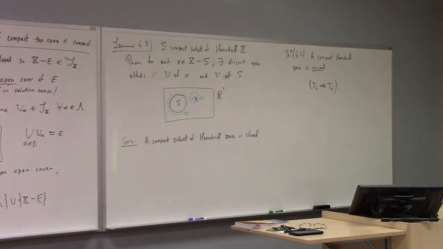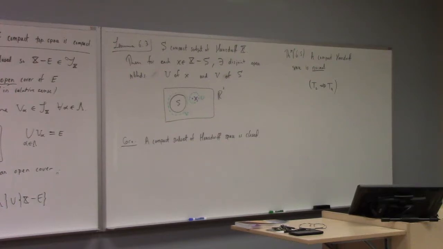Theorem 6.6. And it says that the continuous image of a compact set is compact.